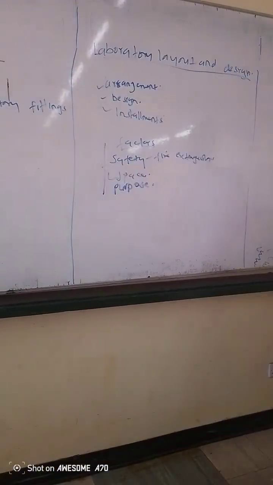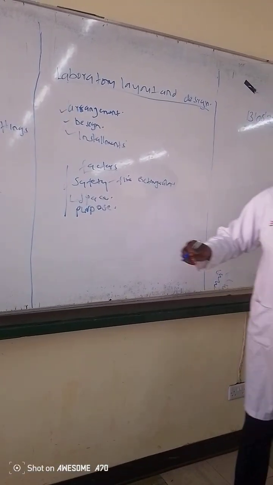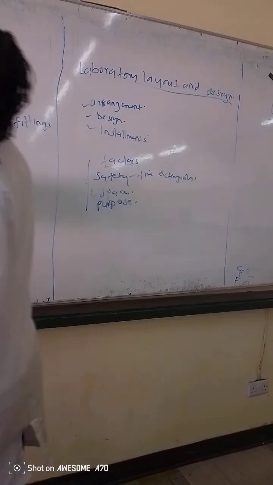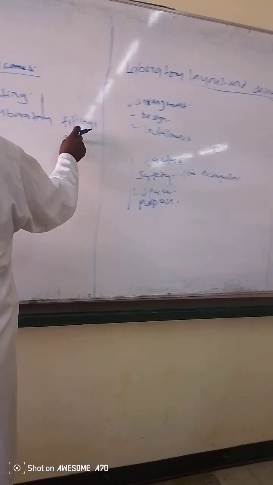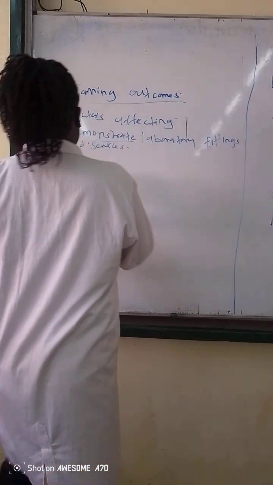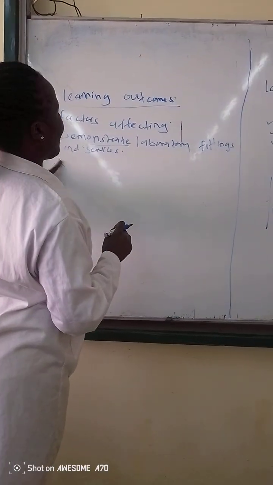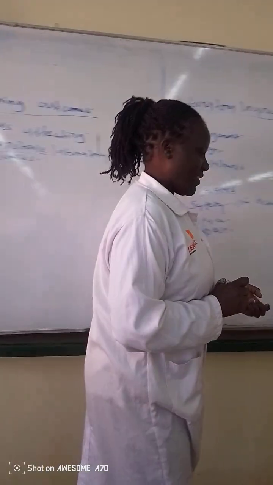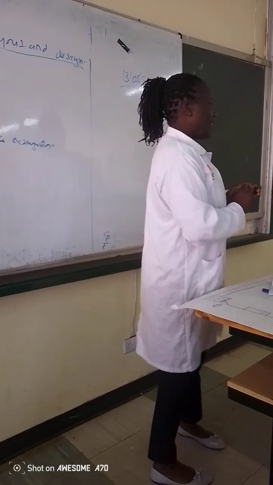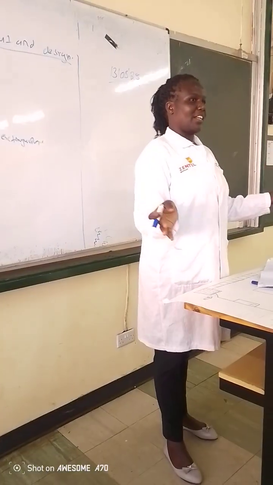The next one, we are going to talk about demonstration of laboratory fittings and services. We can just demonstrate on this today. There are several things which can be fitted in a laboratory.